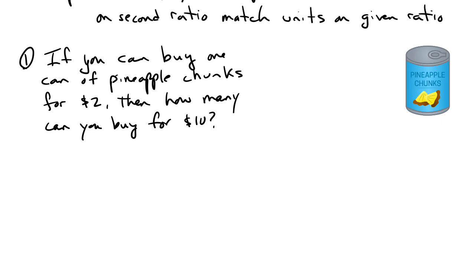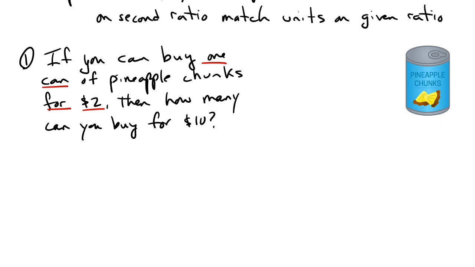Okay, so yes, you may be able to look at that and tell, but we need to know the process that's involved. So the first thing we do is we look for our given ratio. They're telling us 1 can for $2.